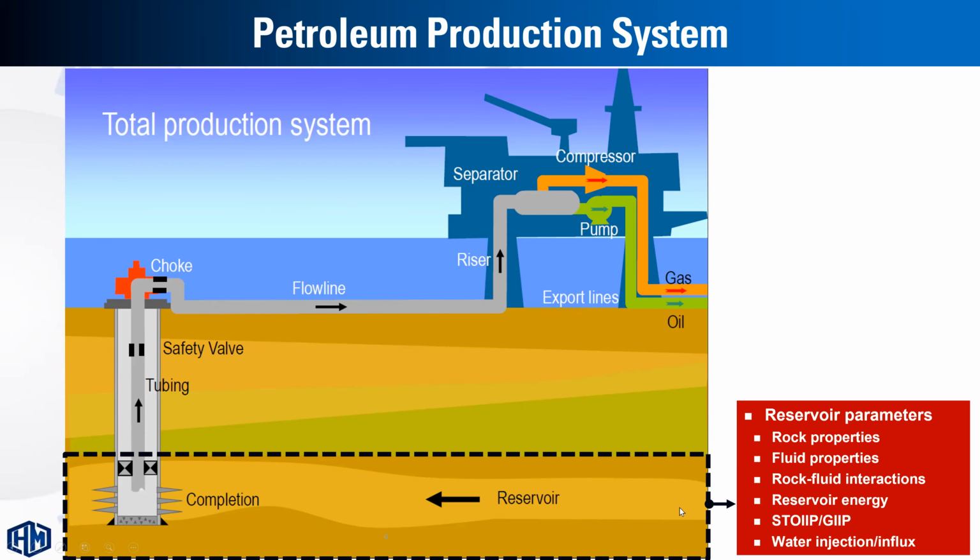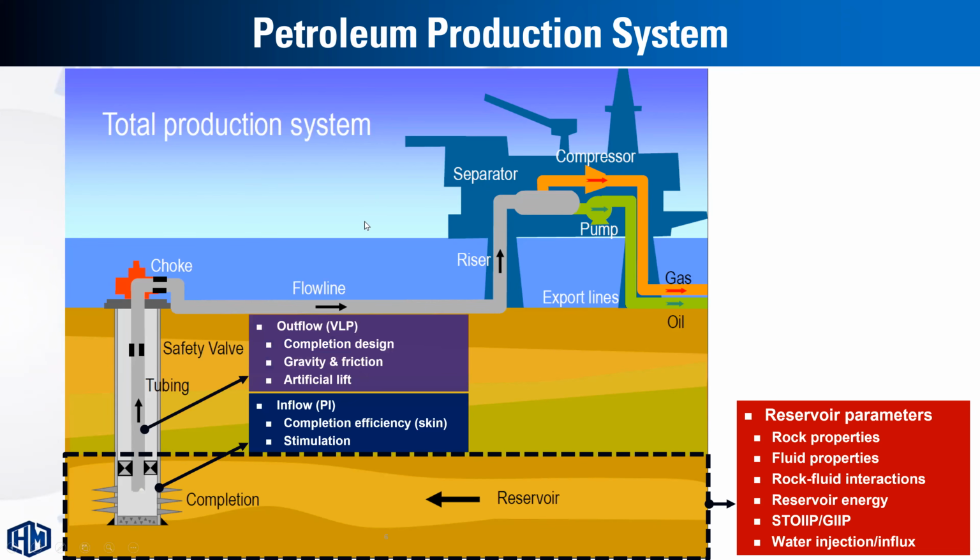So this is the core data analysis, and the core measurements are applied to this part of the petroleum production system, which is the porous media. Other elements like the vertical lift performance and surface network, all of them must be integrated together.